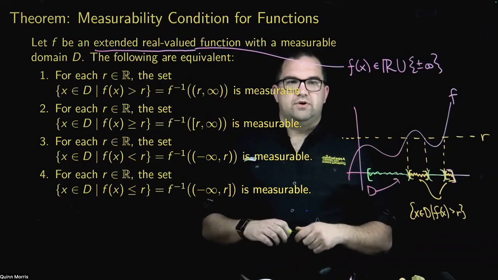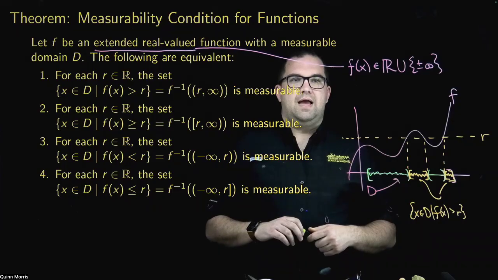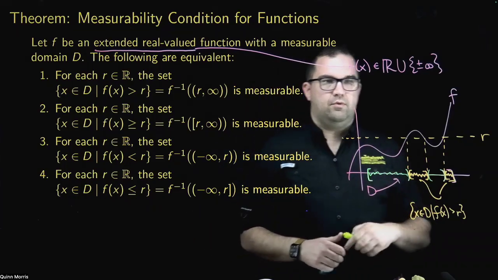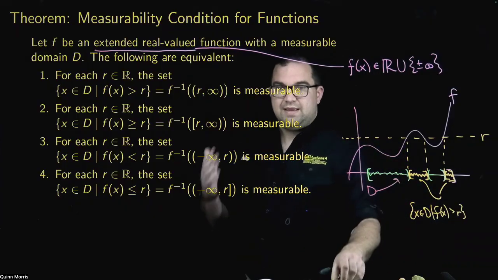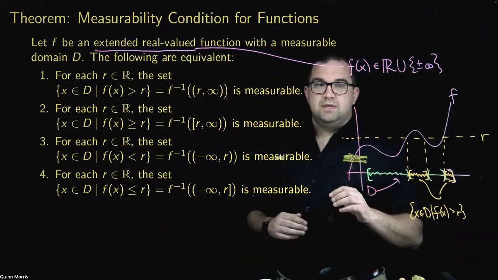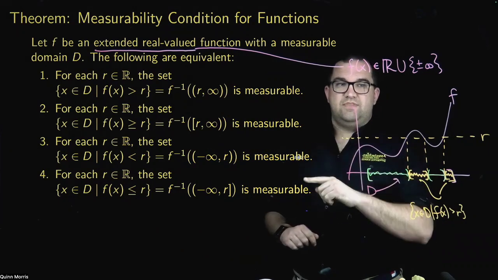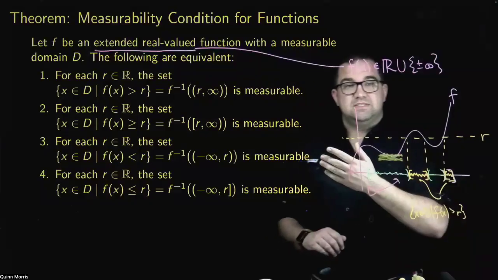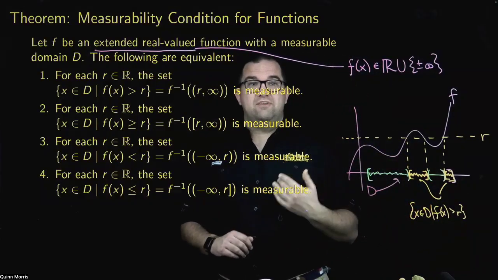And then the last one says for each r, the set of all x in the domain such that f of x is less than or equal to r. So you just change all these open endpoints to closed endpoints. It's measurable. Now, again, what this theorem says is if any one of these statements is true, then they all have to be true. If any one of these statements is false, then they must all be false.